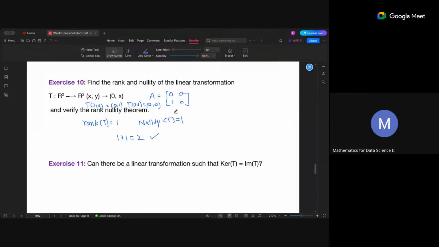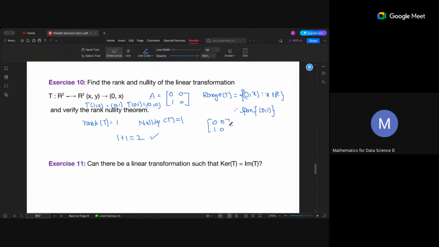Let's look at this example. What is the range? T of x where x is in R. So basically, span of (0, 1). This is the basis.